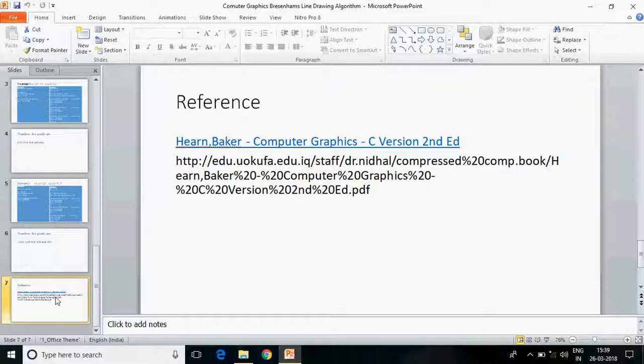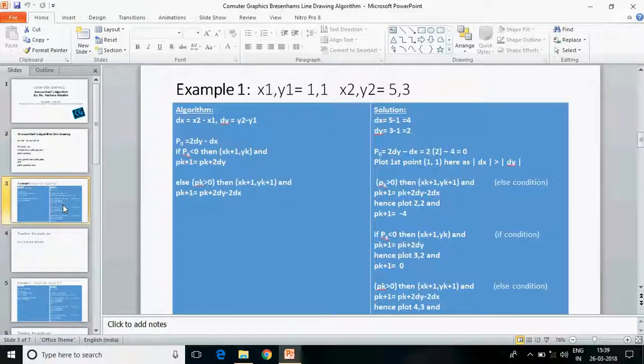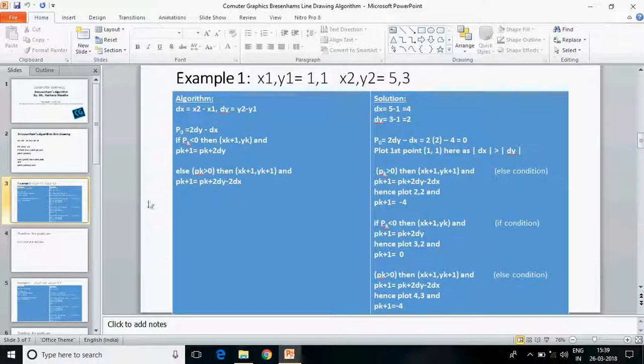Now let us go to the algorithm and solve an example to find the pixel positions of any given line. So this is the algorithm. We will look at this one example. I have written the algorithm on the left hand side and the solution on the right hand side so that you can compare the algorithm as we solve the problem.